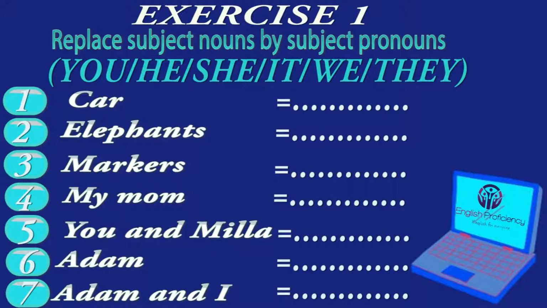As usual, let's have some exercises to check if you really understand the lesson. Exercise number 1. Replace subject nouns by subject pronouns: I, you, he, she, it, we, you, they.